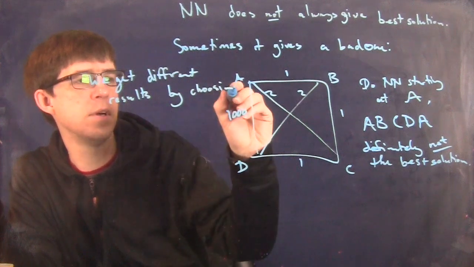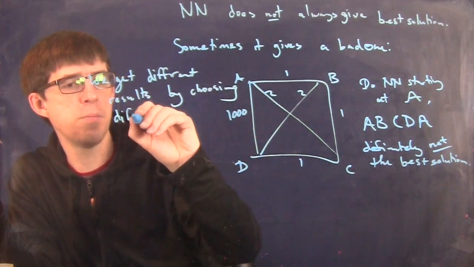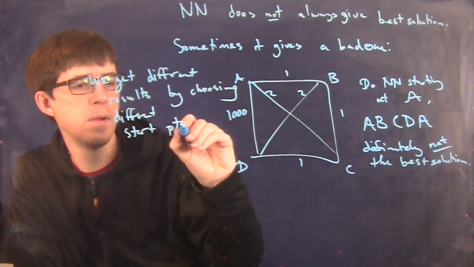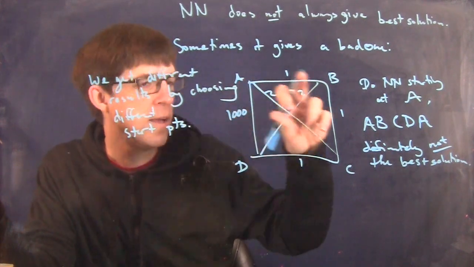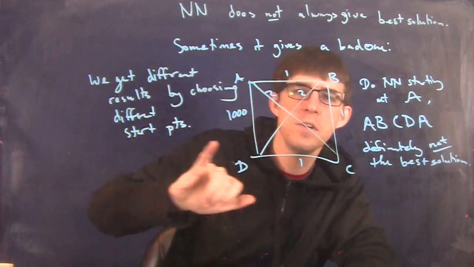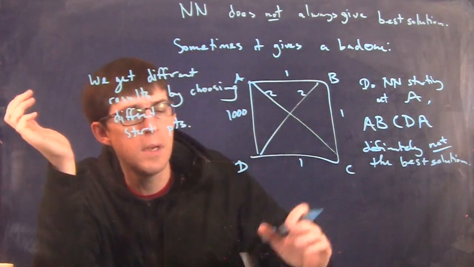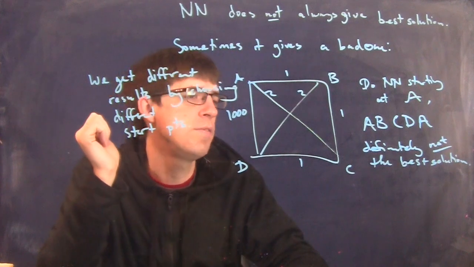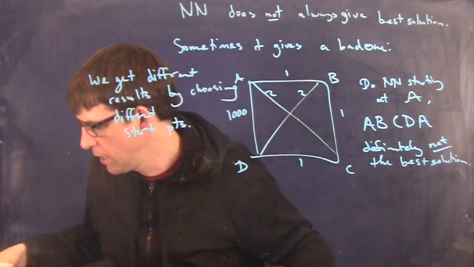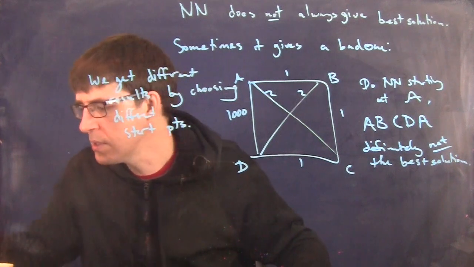If I start here on an A, I'll go around there, and that's a very bad result. But if I started somewhere else, you can imagine there are different possible results. We get different results by choosing different starting points.